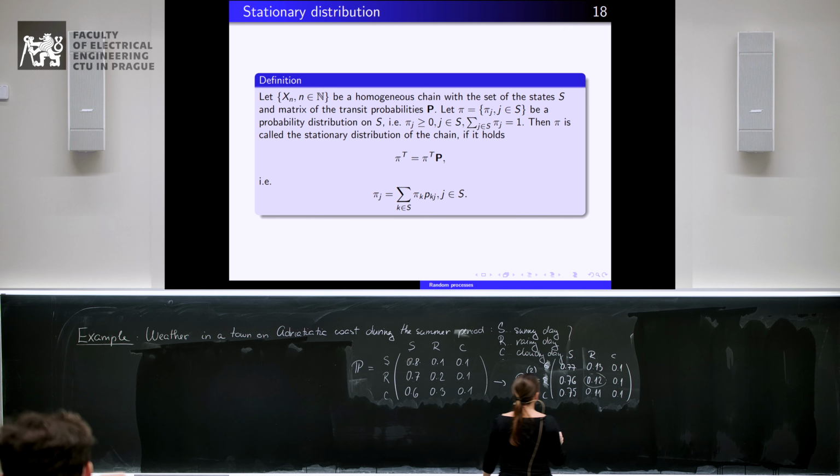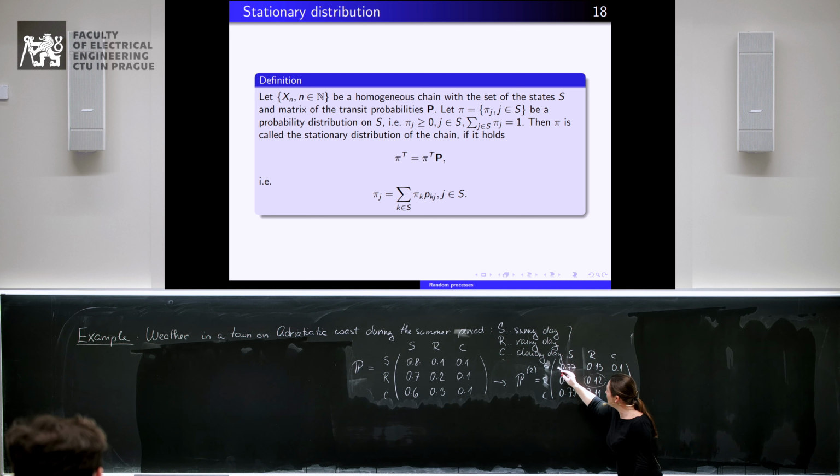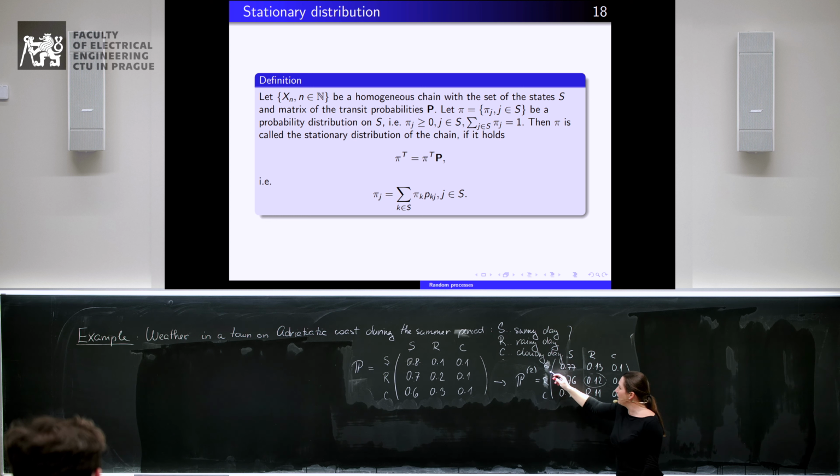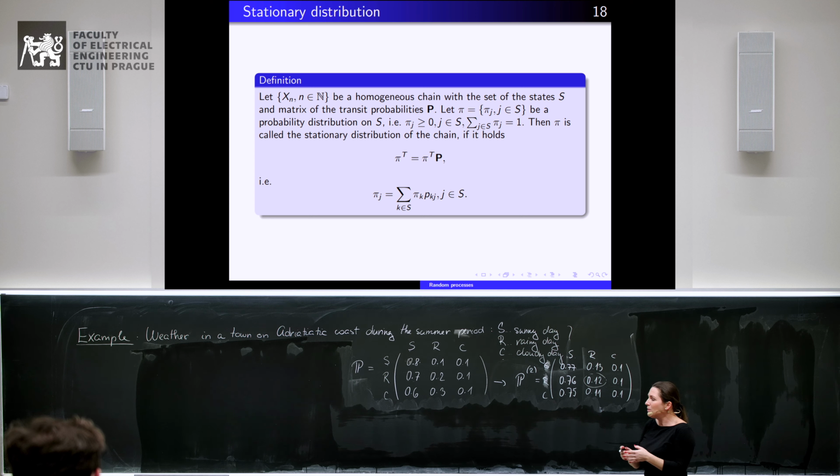And I told you that we are going to some number which gives us the probability that in n steps, when n is large enough, we will be in a sunny or rainy or cloudy day, respectively, independently of the starting day. And what does it mean? It means, in fact, when it is independent of the starting day, that it is the probability that when we choose randomly a day from the season, it will be sunny or rainy or cloudy, respectively.